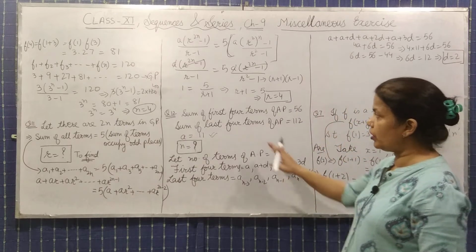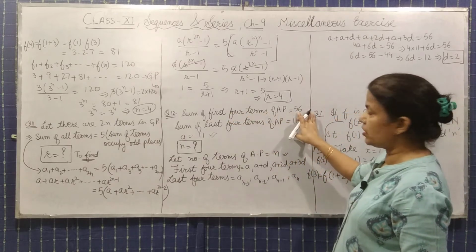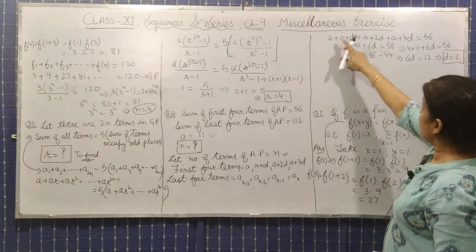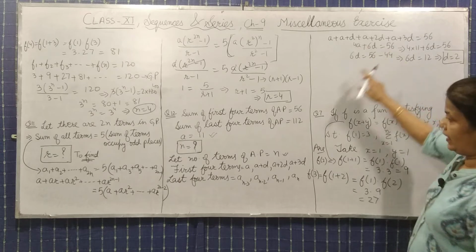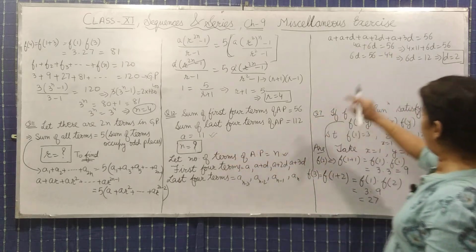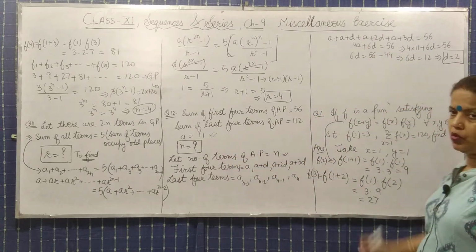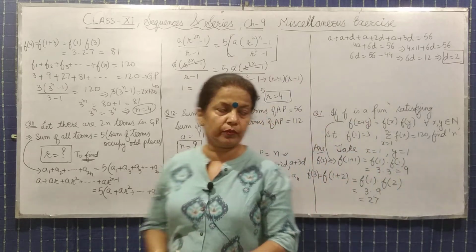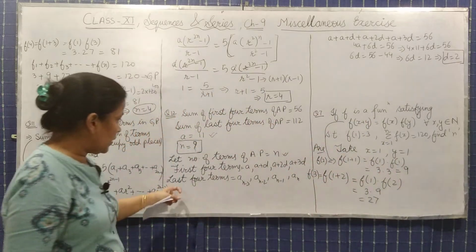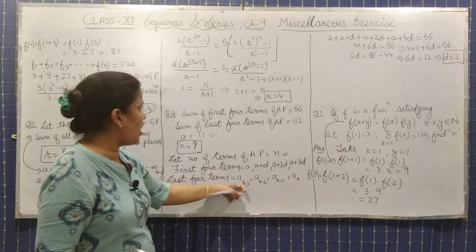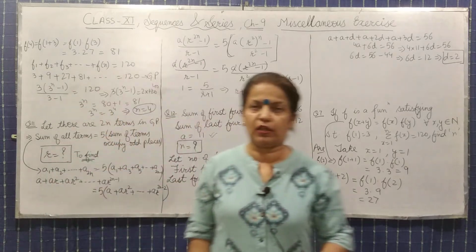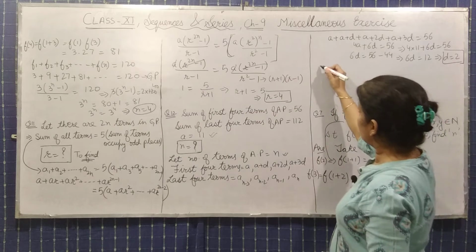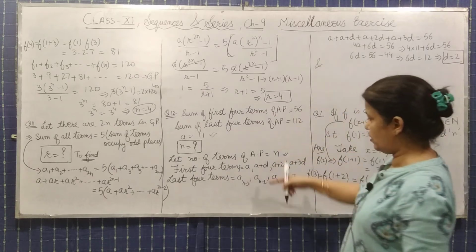Now the question is, the first four term sum is 56 and the value of A is given in the question as 11. Solve करेंगे, you will get the D value as 2. Now the sum of the last four terms is 112. तो हम last four terms का sum देखते हैं.